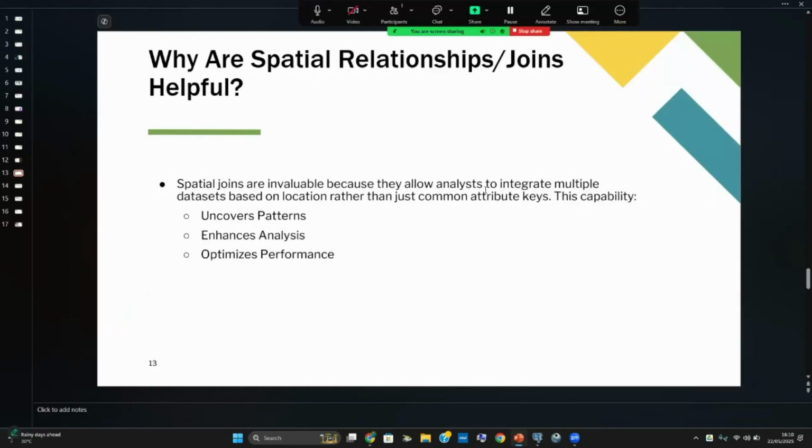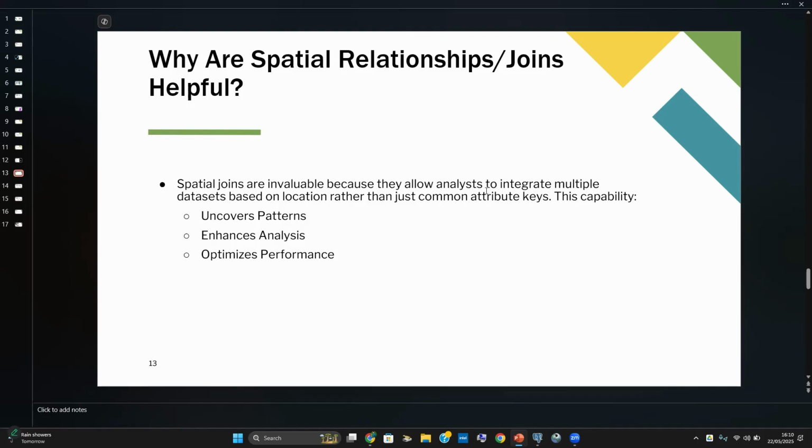Now, why are spatial joins and spatial relationships helpful? They are invaluable because they allow us analysts and GIS professionals to integrate multiple data sets based on location rather than just some common attribute key. And these capabilities allow for the uncovering of patterns, because by joining data on spatial relationships, you can expose hidden patterns.